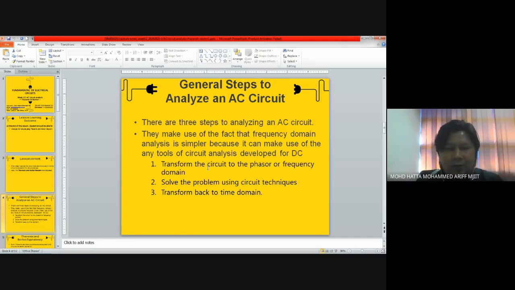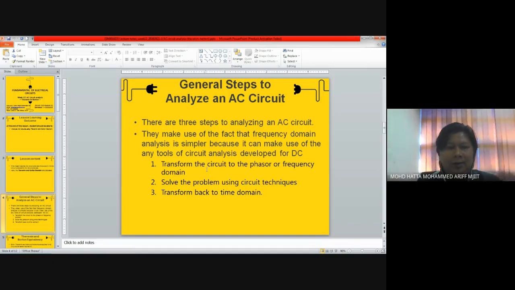Or if you want to use any tools, for example, Ohm's law, Kirchhoff's voltage law, and so on, up until these Thevenin and Norton tools. So you can use those techniques in order to solve any parameters or any problem inside the circuit.